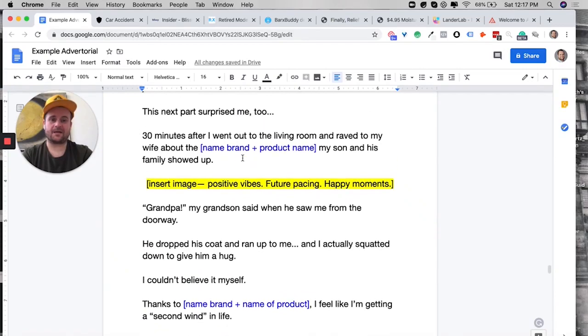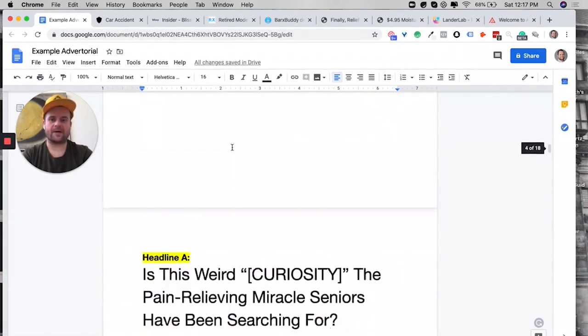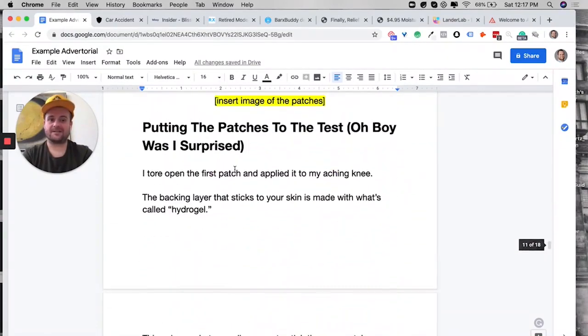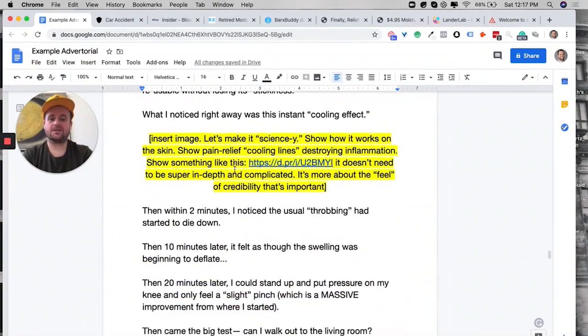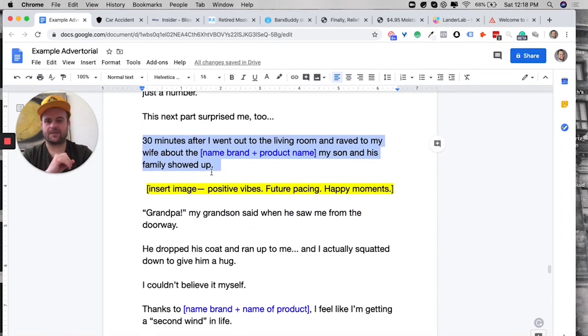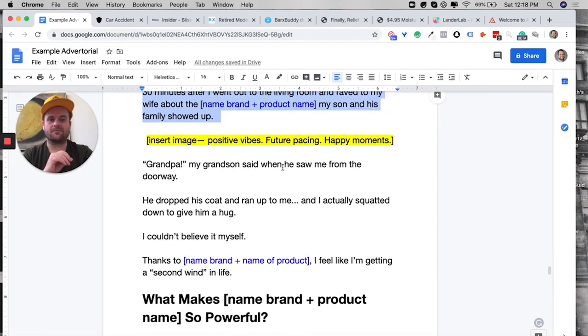I bring back the part with how I started. So it started with, why can't grandpa come out and play? To then, how does it solve? The patch solves it. And then sure enough, 30 minutes after I went out in the living room, my son and his family showed up.